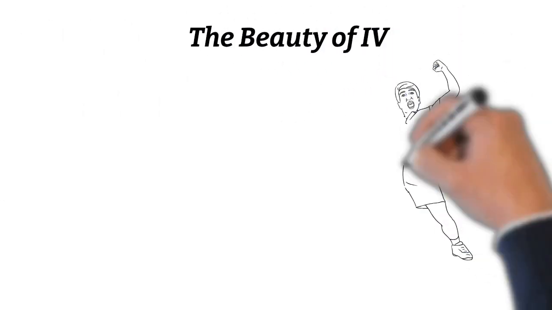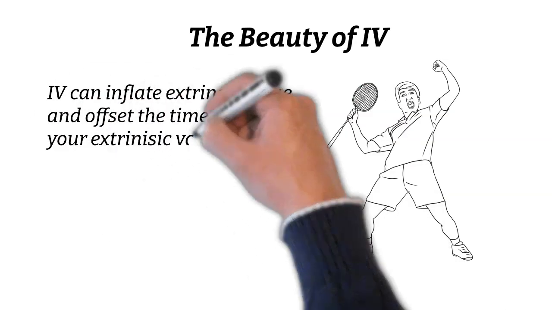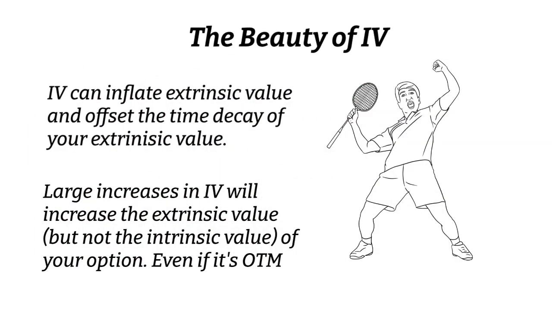So the beauty of implied volatility is that it can artificially inflate the extrinsic value of your stock option even as time passes. If time is passing, but the implied volatility of the stock is going up, then rather than losing value, your extrinsic value might stay the same or even go up.